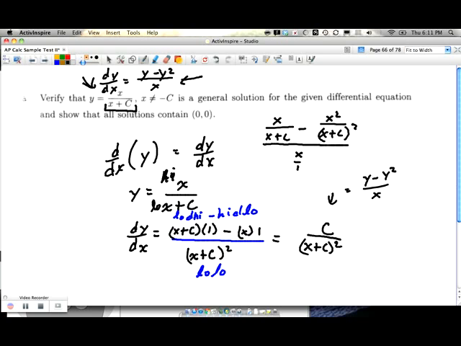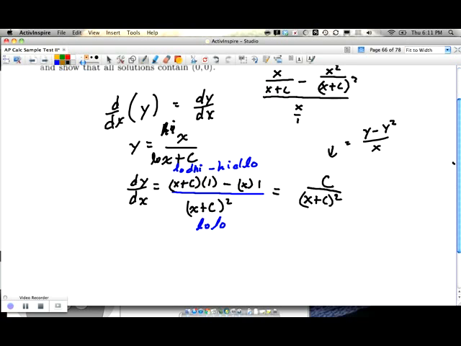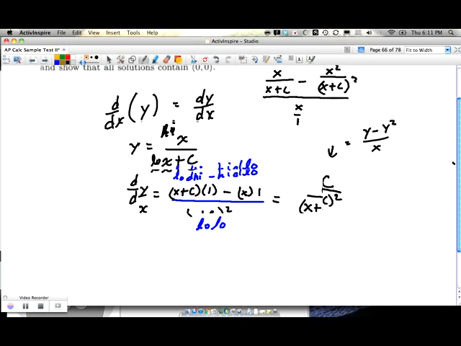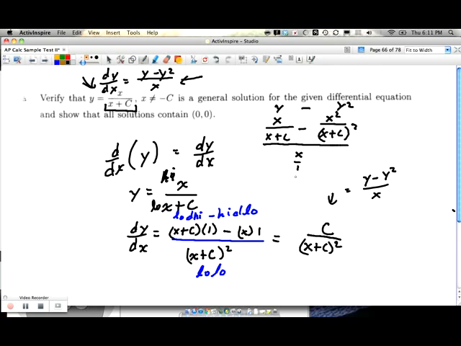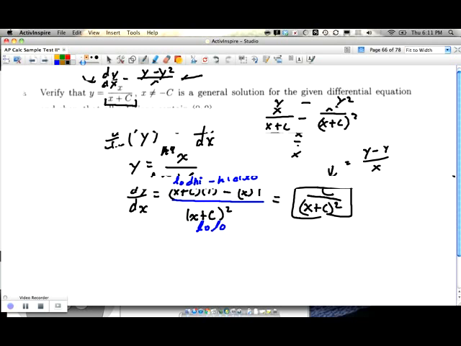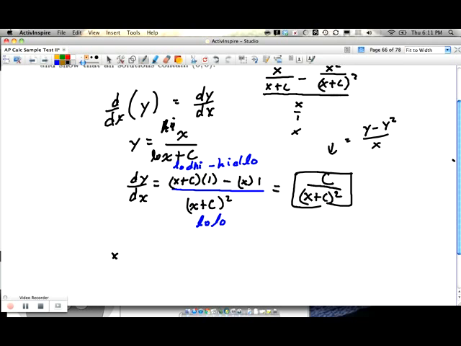And again, how did I come up with it? This is y squared. It's y minus y squared all over x. So I'm trying to see if that somehow translates into this piece that I got here. If I multiply, we have x over x plus c minus x squared over x plus c quantity squared.